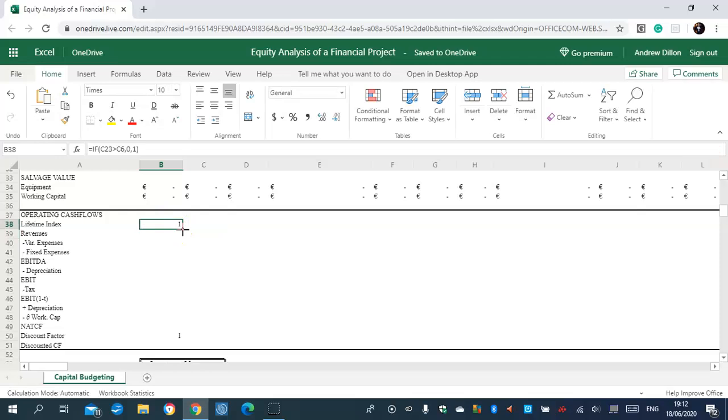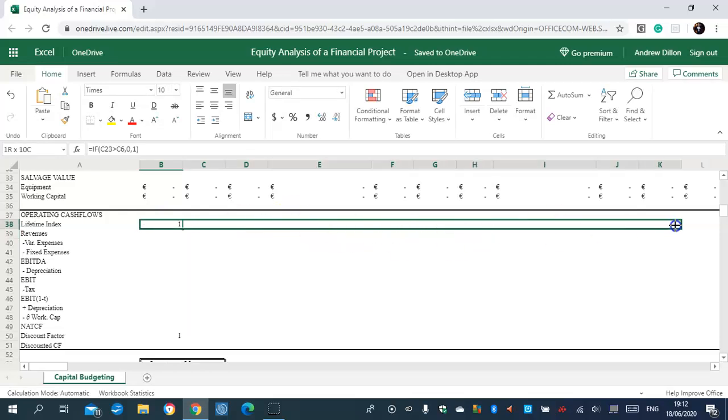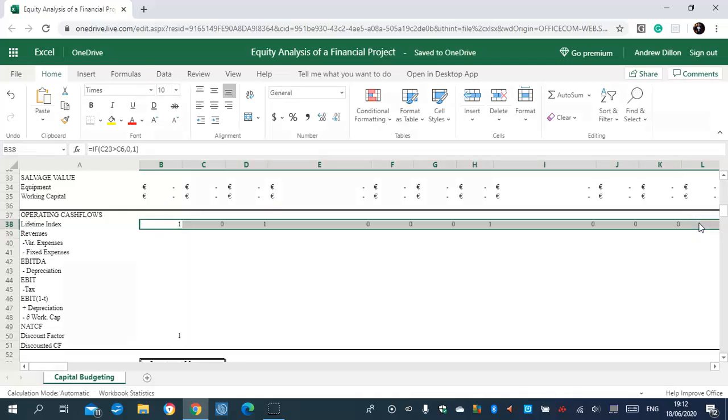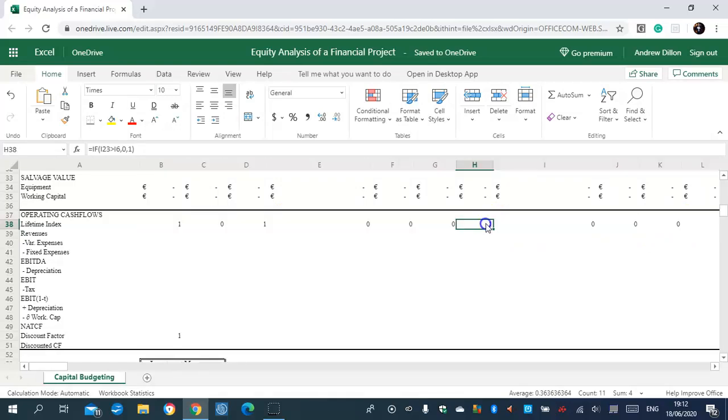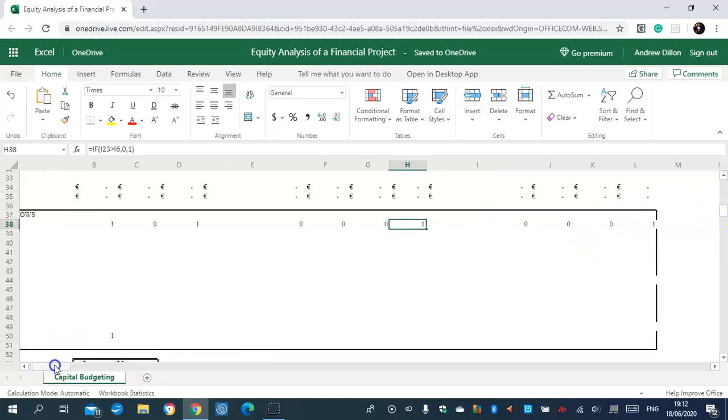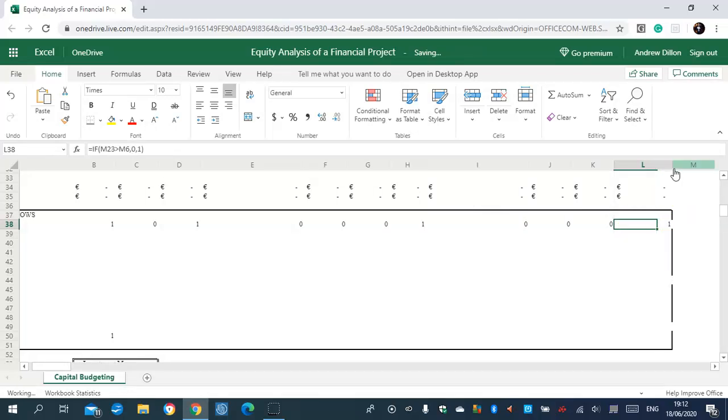Okay, so let's see, paste that to the others. So we have 1 year for B, 1 for D, 1 for H, and then 0 for the rest of them. Except L, so make L bigger.